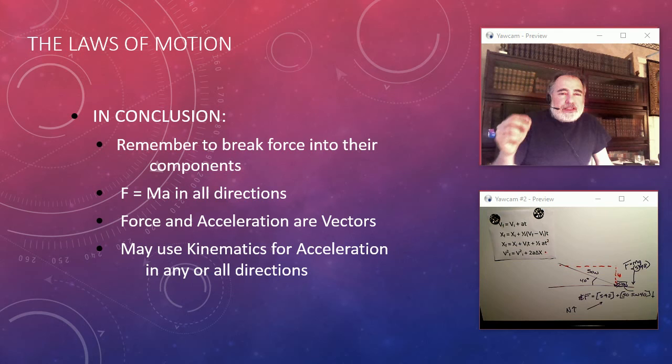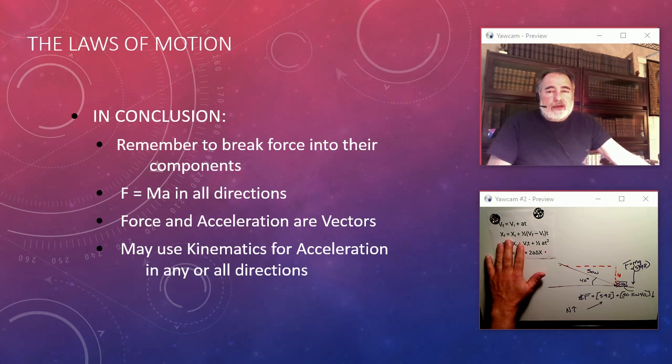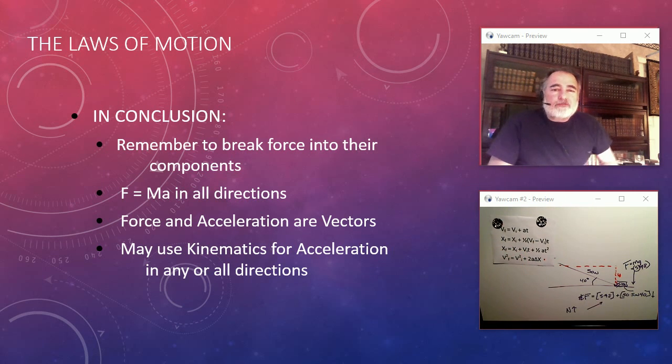If you have an acceleration in the y direction, you could calculate the force in the y direction separately from the other component, which is force in the x direction with acceleration in the x direction. Force and acceleration are vectors. And you can use kinematics to solve for acceleration in any or all directions using the kinematic equations.